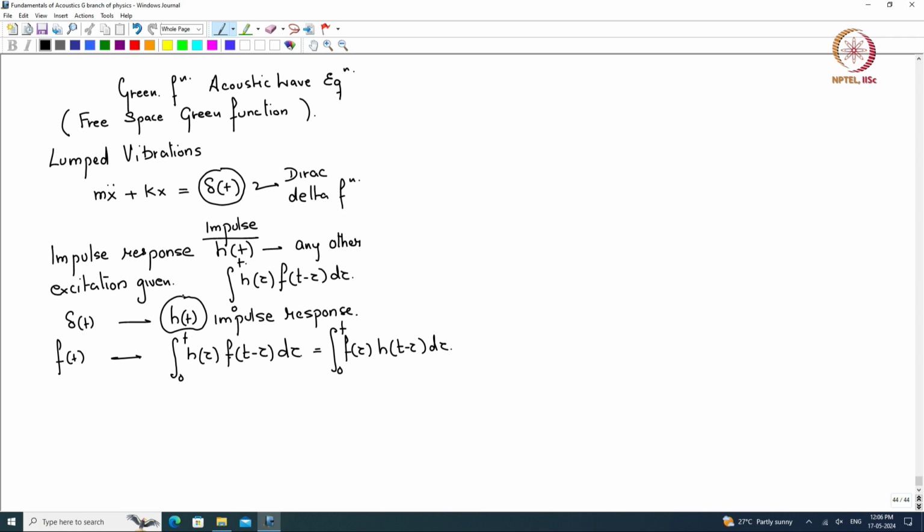Now the Green function is the response to an impulse. But here the impulse is in space. You can have a spatial impulse along with a temporal impulse.